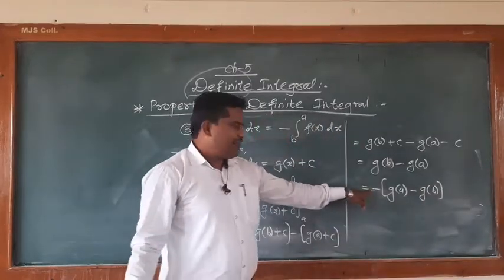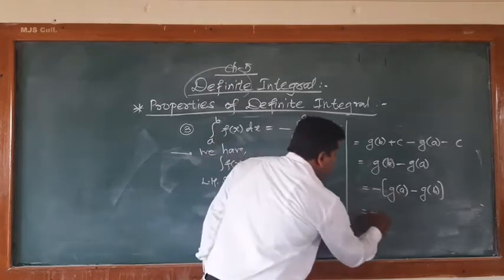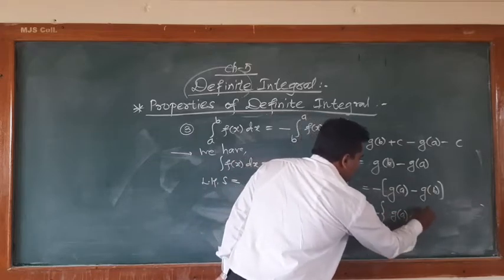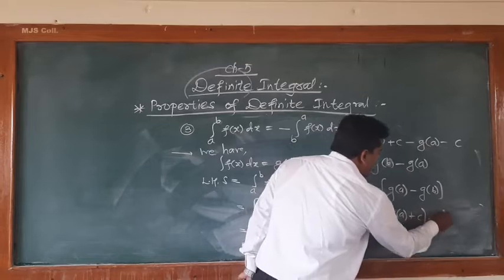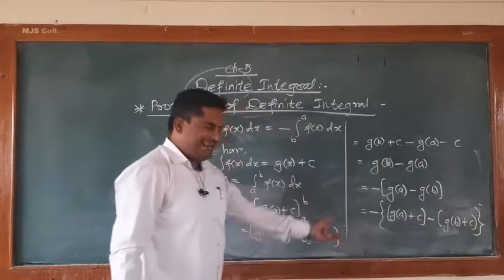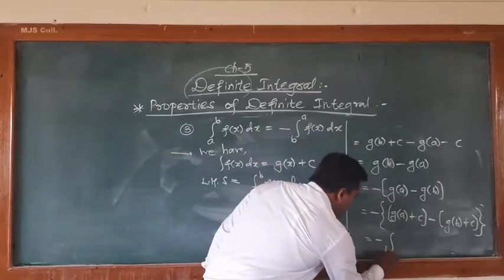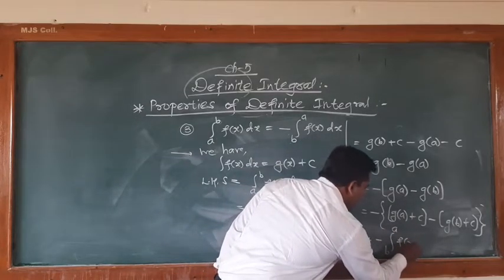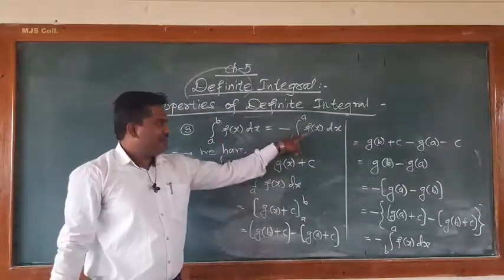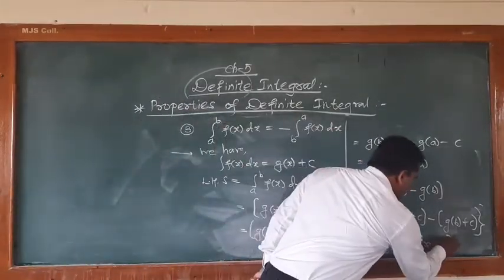Then we can adjust plus c also by the minus sign: g of a plus c minus g of b plus c, and it is minus the integral b to a f of x. It is the integral of f of x with respect to dx from b to a, and it is RHS.